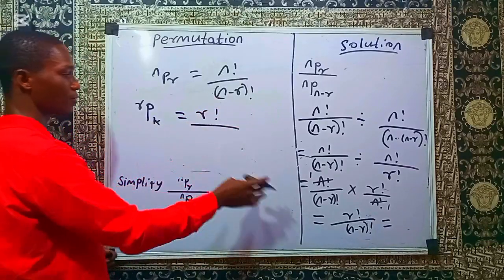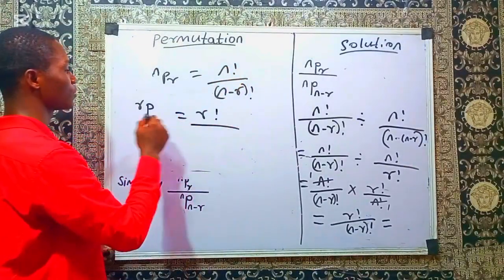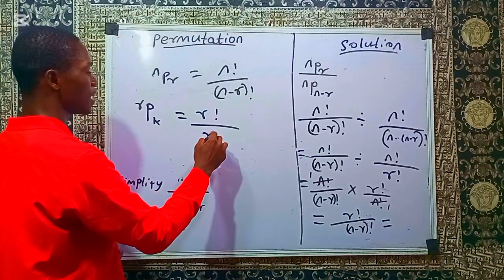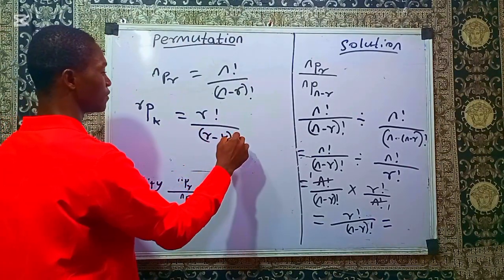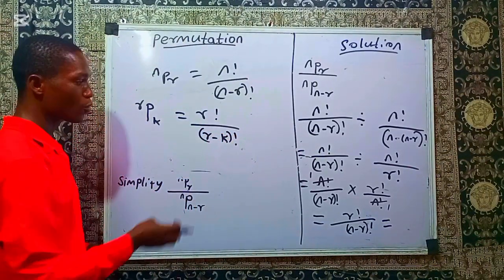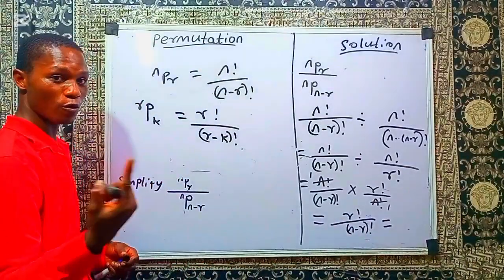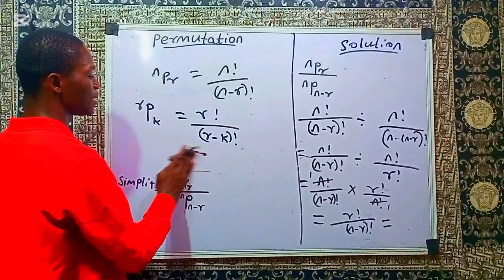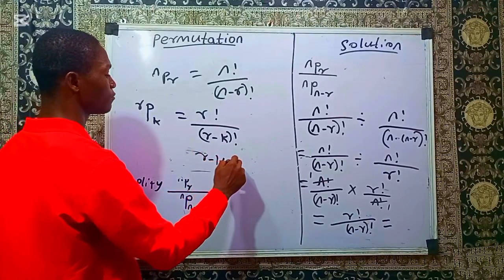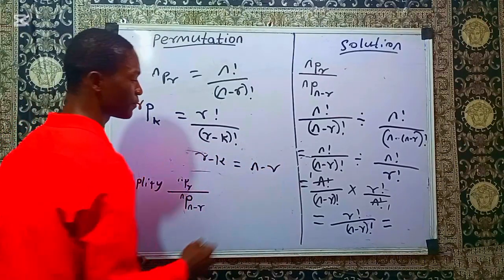If I'm selecting k of them, this will be equal to r factorial, then r minus k factorial. I will compare. So what do I have here? r minus k. What do I have here? n minus r. So they will be equal, which means that r minus k will be equal to n minus r.